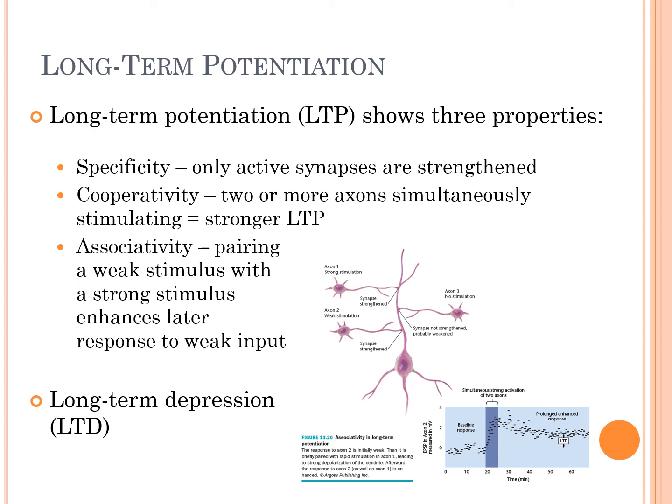And then as we are getting the two pieces of information together, so axon 1 and axon 2 are both stimulating the postsynaptic neuron, during that dark blue bar we see this great rise in the amount of response that the postsynaptic neuron is now going to have to axon 2, which before had no response, and now my response is going to stay much higher.